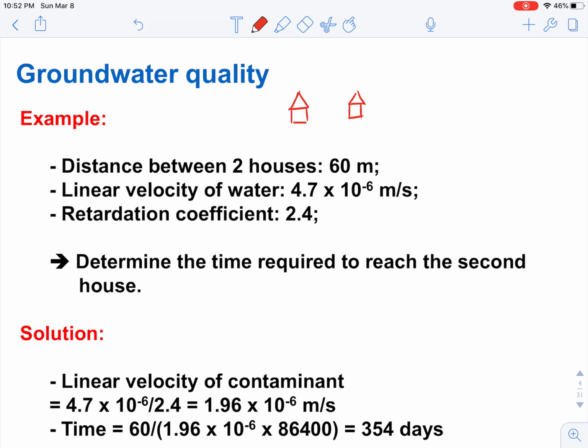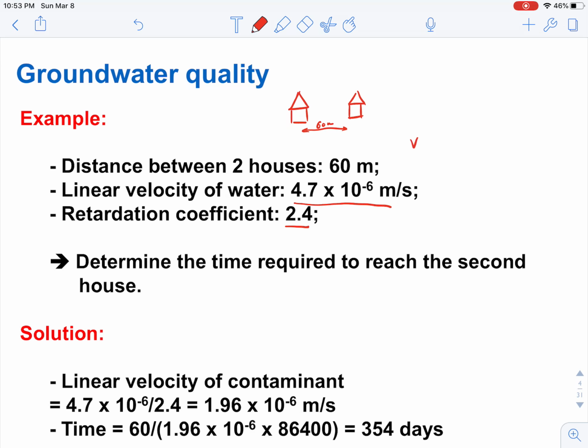The distance between these two houses, let's say it's 60 meters, and the linear velocity of water is 4.7 multiplied by 10 to the minus 6 meter per second. You can see that this is actually a very small speed if we consider the movement of water underground. And the retardation coefficient is 2.4.